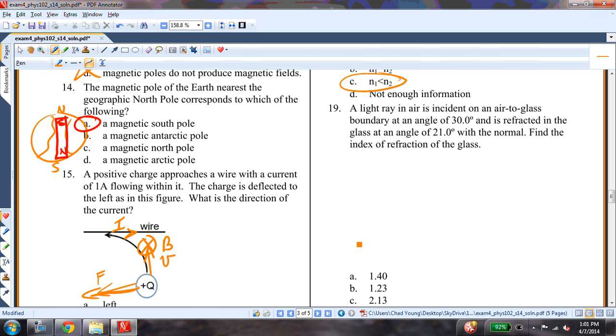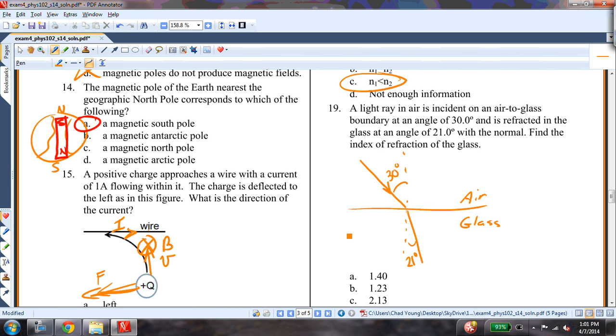All right, number 19, light ray incident, air to glass boundary. So here I have air on this side, glass on this side. It tells me that the angle of incidence over here is 30 degrees, and then the angle of refraction is 21 degrees.